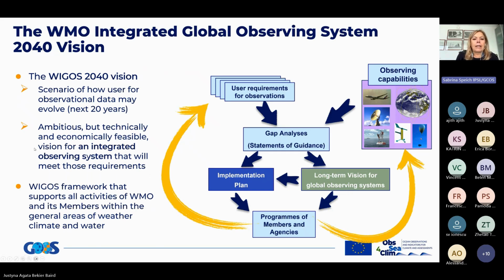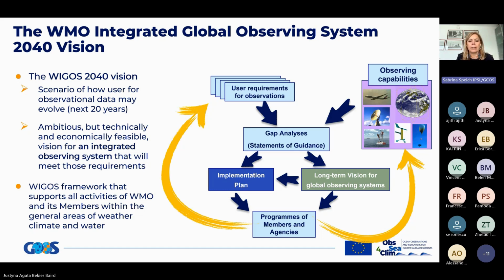So this WIGOS, as I said, is a key component of the WMO rolling review process. It now has a vision. At the end of the 2010s, a vision was established. It is a strategic long-term outlook for how the WMO Integrated Global Observing System should evolve by the year 2040.